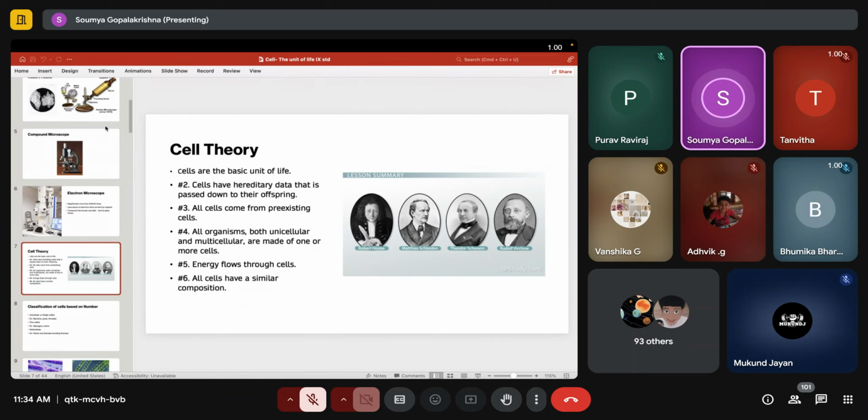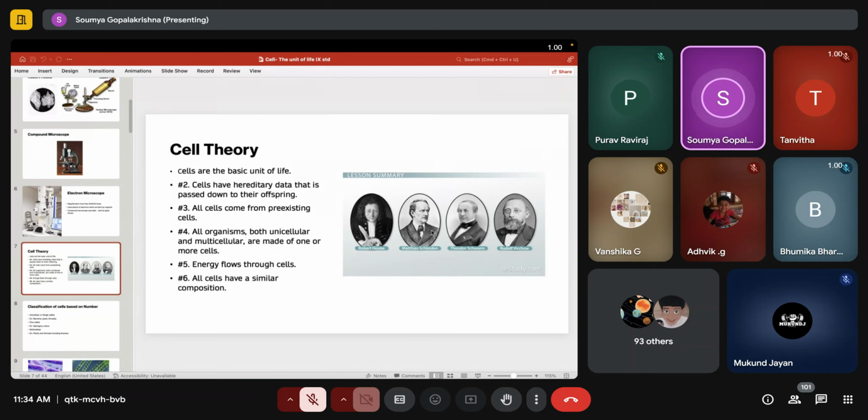They started seeing different objects under the microscope, and anything which had compartment-like structures, they started calling cells. Okay, this is a cell, this is a cell.